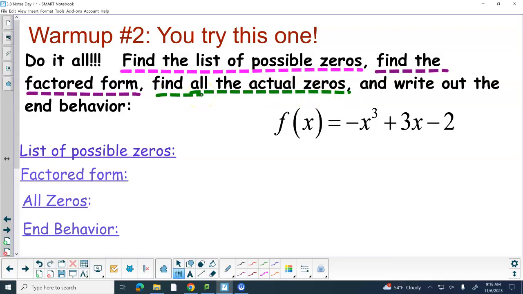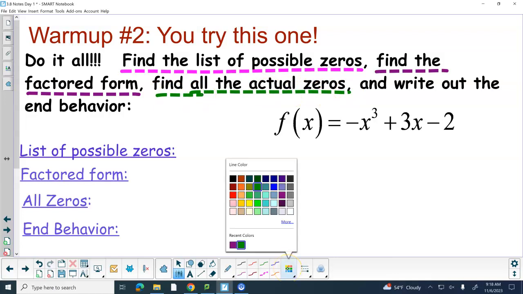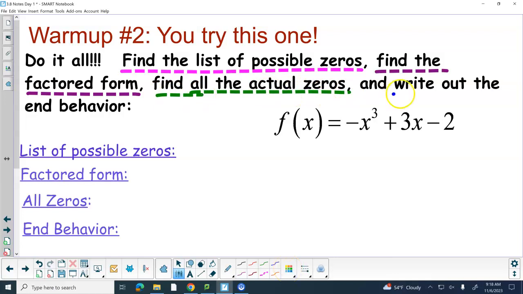And because it's going to be part of this unit and part of the test this week, I want you to write me out the end behavior too. You can do those in any order, but I want the 4 different answers. Okay? Go.